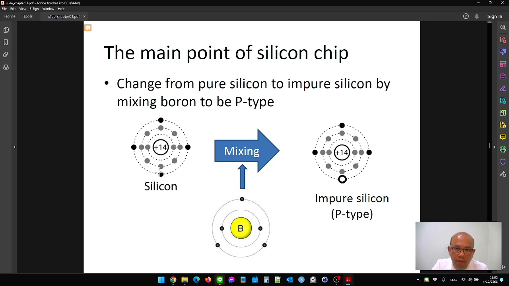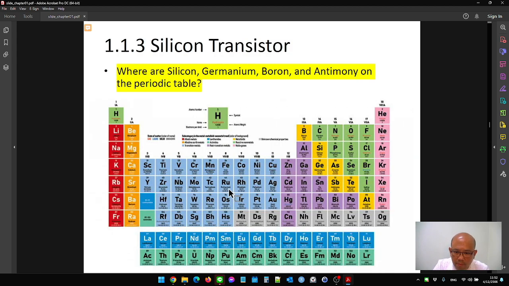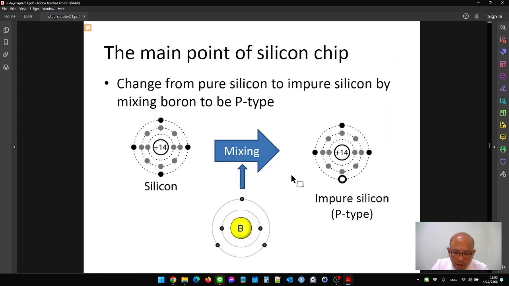They change from pure silicon to impure silicon by mixing in atoms of B, boron. Looking at the periodic table, boron has number 5, which means 5 electrons: 1, 2, 3, 4, 5.